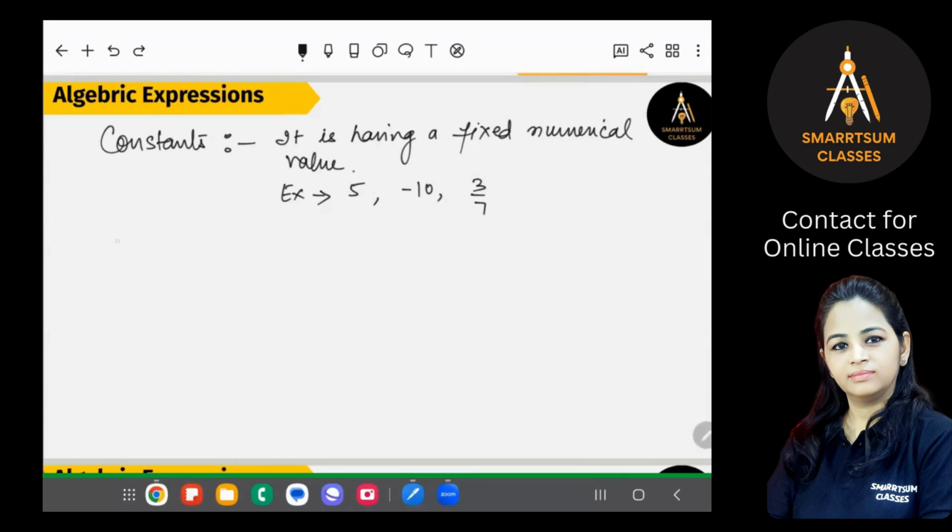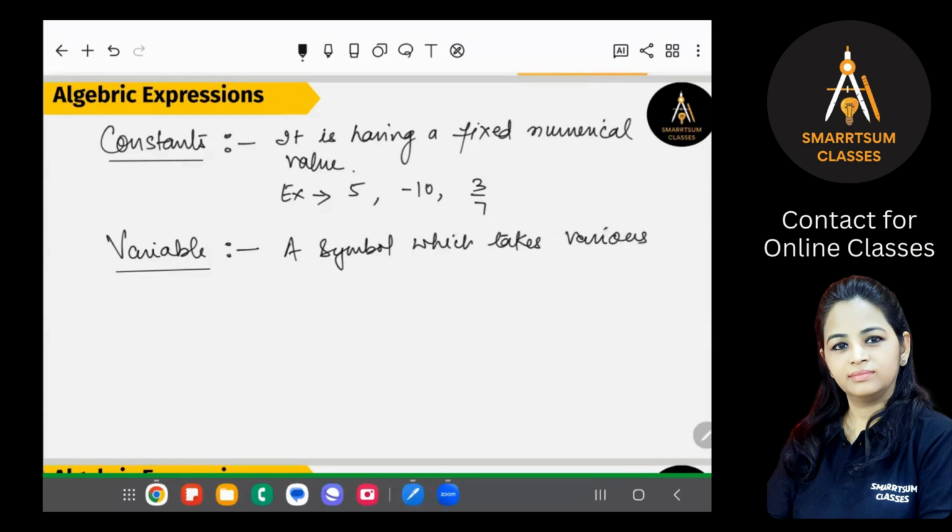Now, unlike this, we have one more term that is called variable. Now, what is a variable? Unlike a constant, it is a symbol which takes various numerical values. So write down: a symbol which takes various numerical values.